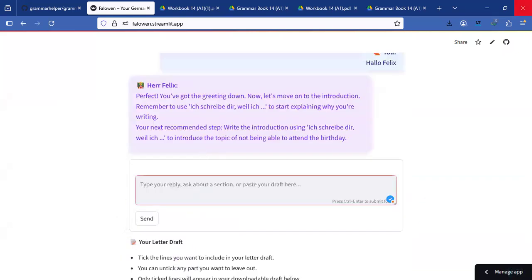Let me write another one. So let's take it like it's: Ich schreibe hier, ich möchte den Termin absagen. Appointment. So I would like to cancel the appointment, and I send it.